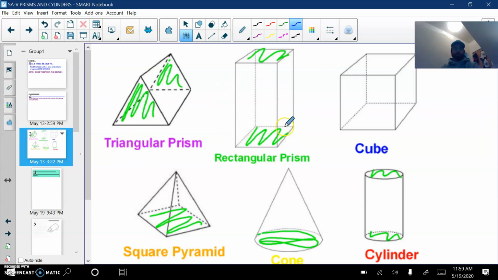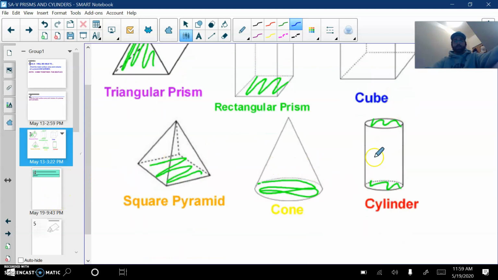A rectangular prism, it's hard to find the bases because they're all rectangles. All the faces are rectangles. Obviously, there's a special one out there called the cube. We've heard of a cube before. Pyramids, cones, and cylinders. Cylinders we'll talk about later today. Pyramids and cones we'll talk about in our next lesson.